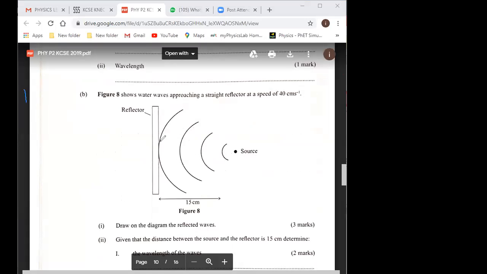On striking the screen, they are going to be reflected. This part strikes the reflector first, so it will be the first to be reflected. This part and this one will be the last to hit the reflector, so they'll be the last to be reflected. Meaning that the resultant wave will be like that. So that is going to be the resultant wave.